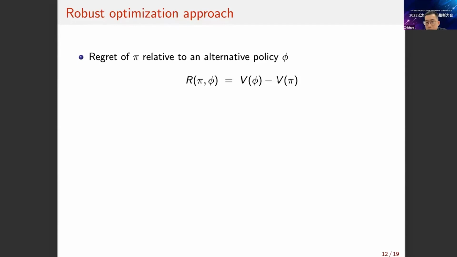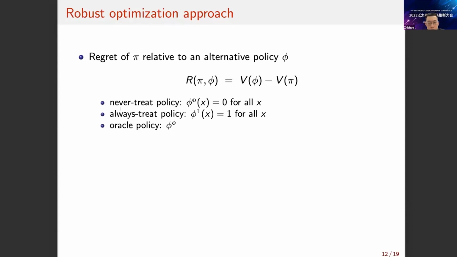If the expected utility is identifiable, then maximizing v pi is equivalent to minimizing this regret because the expected utility of a given policy is constant. But when the expected utility is not identifiable, the robust optimization approach will give different results for different alternative policies. So we need to first specify the alternative policies to compare with.